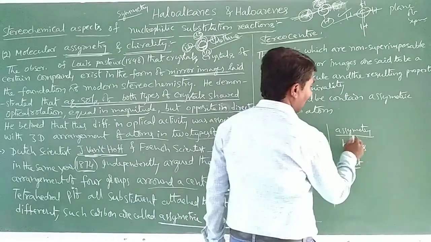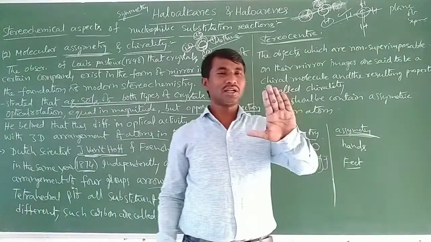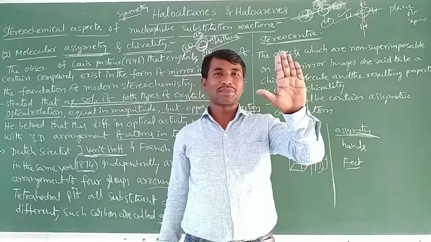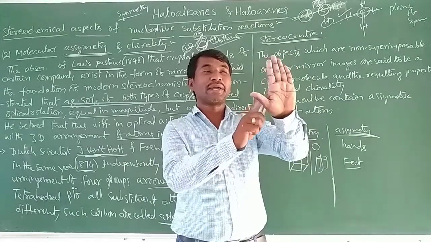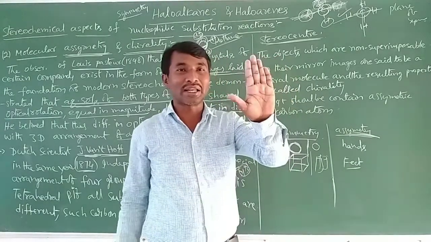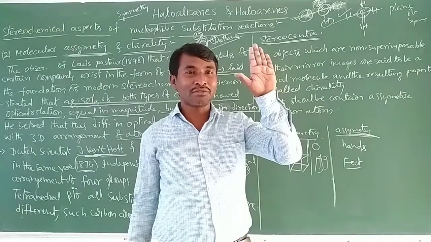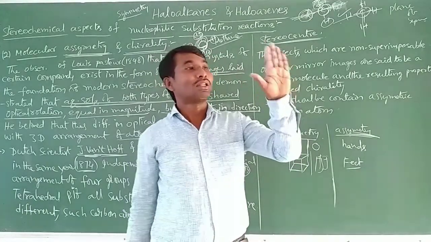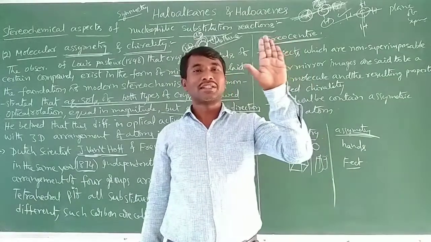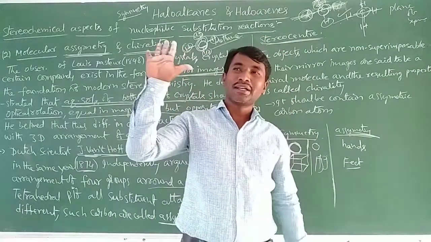And another one, asymmetric, is like hands. So this is a left hand. In a mirror image, it will be a right hand. When we see in the mirror, that is a right hand. And this is a right hand.